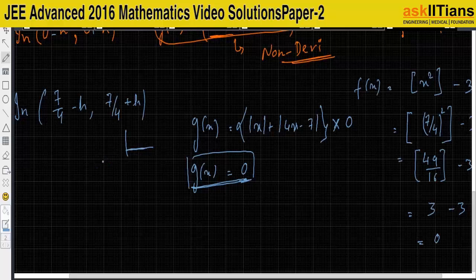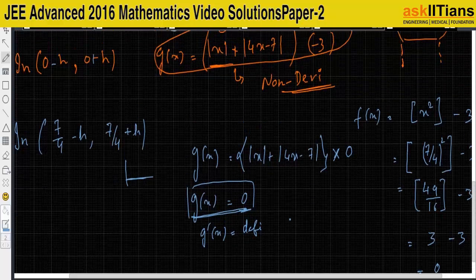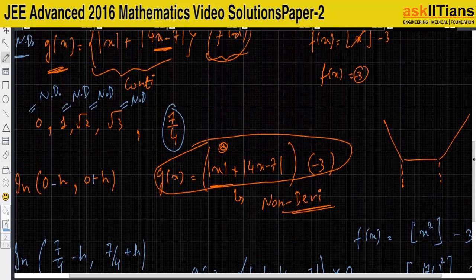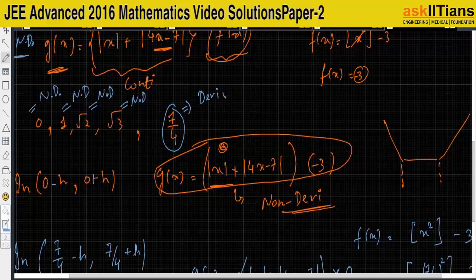If gx is 0, that means g dash x will also be 0. It's a constant function, so the slope will be defined. There will be a horizontal tangent. So g dash x will be defined, and gx equal to 0 is surely derivable. So at this point, it is derivable.